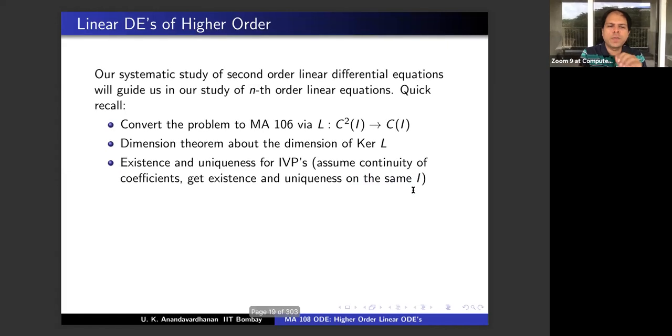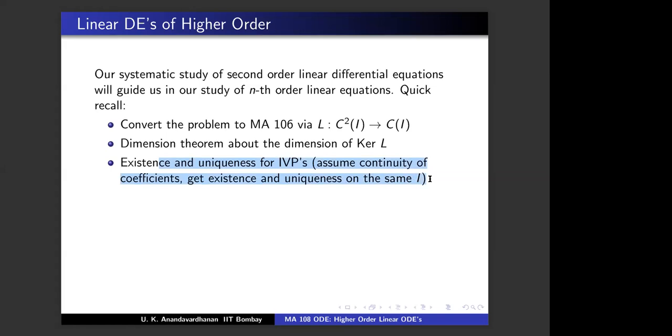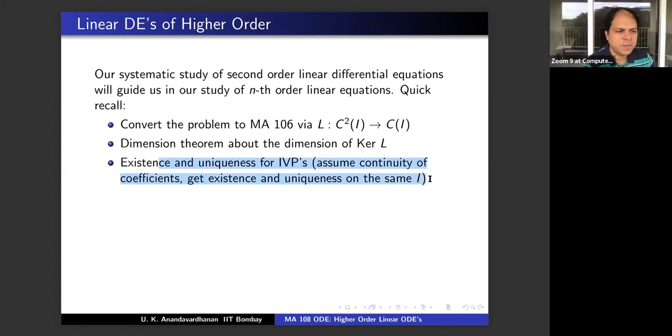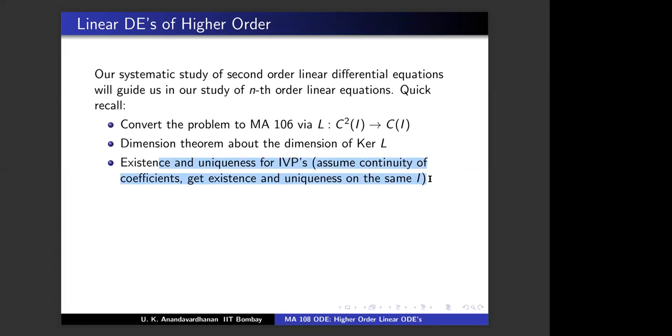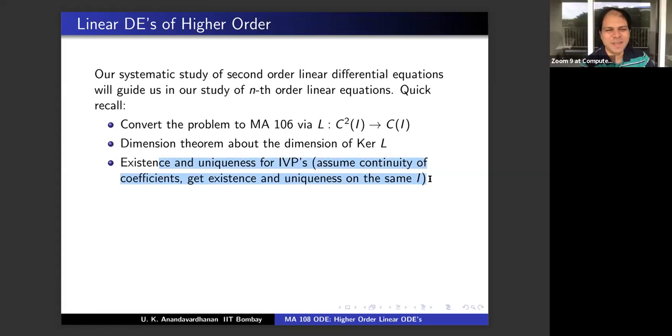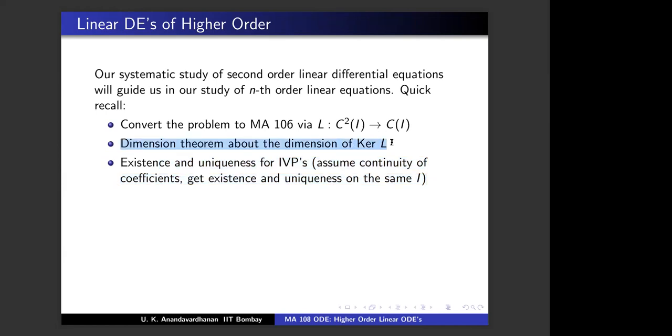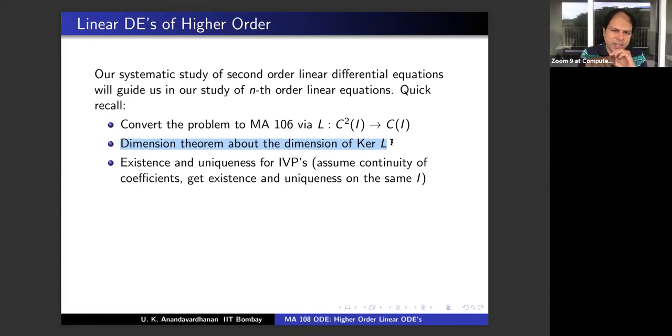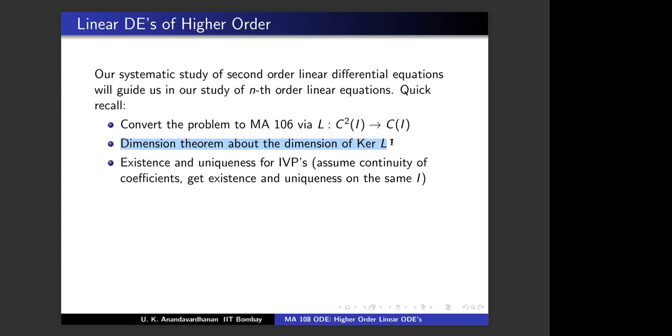And did we prove this result in second order? No, we skipped the proof. Do you think we will prove it in nth order? No, because second order itself I said we will skip. But did we prove the dimension theorem in second order? Yes, not when I stated it, but later.